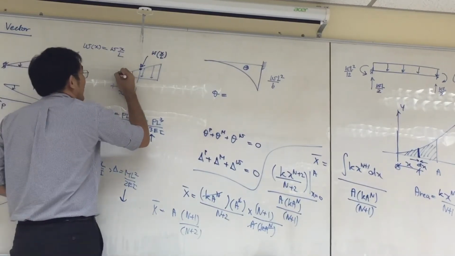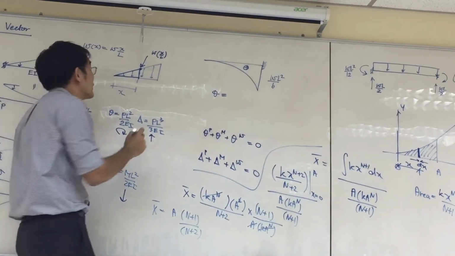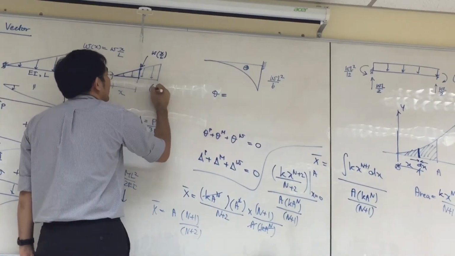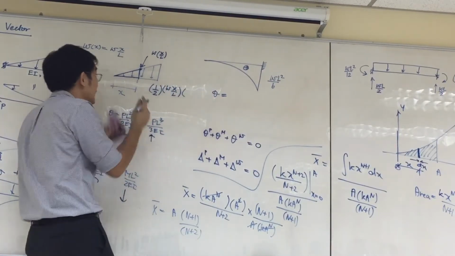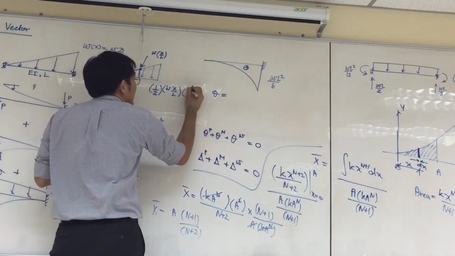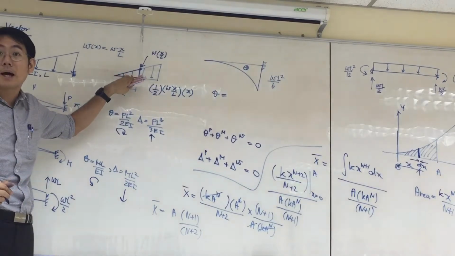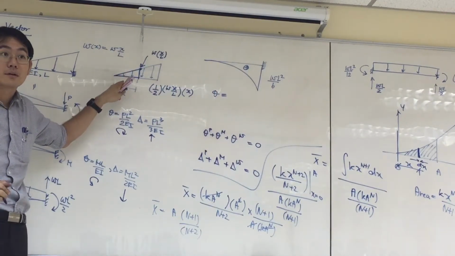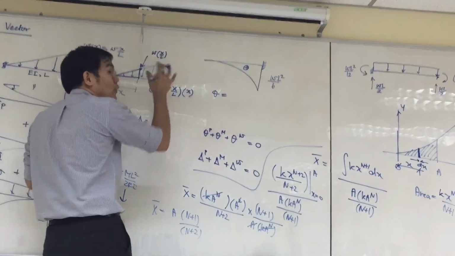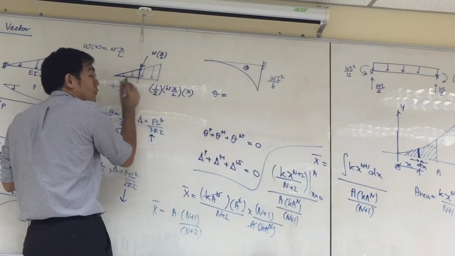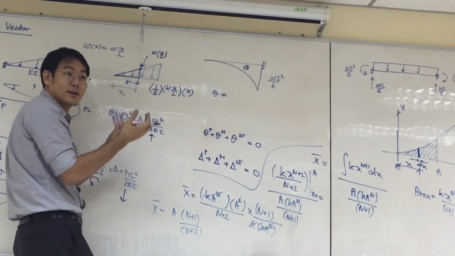If you want to find the area, the area is equal to a half multiplied by the magnitude at the point multiplied by the base, which is x. Now you get the force contributed by this triangle, the equivalent point force, and then from force you will need the moment.